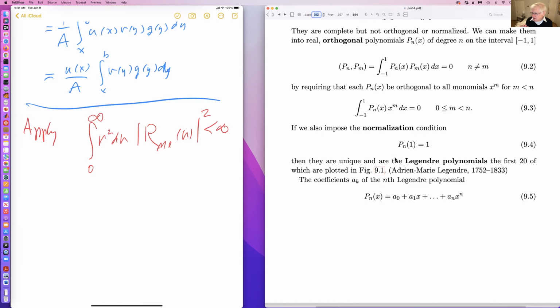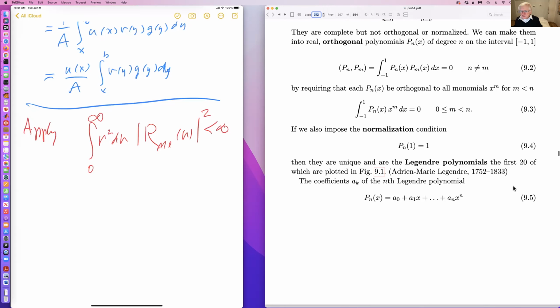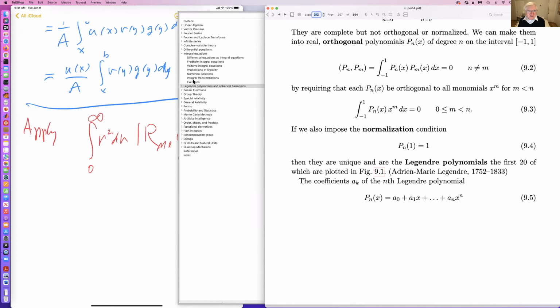These are n+1 conditions on n+1 coefficients, so that uniquely determines them. So in other words, what determines the Legendre polynomials is these two equations, 9.3 and 9.4. I just want to emphasize that.